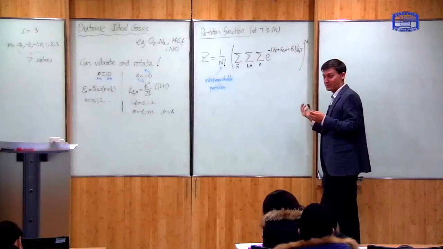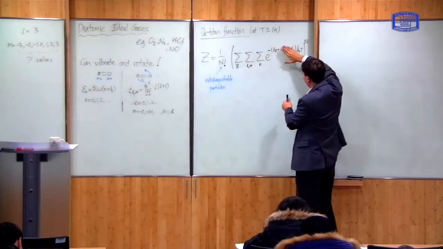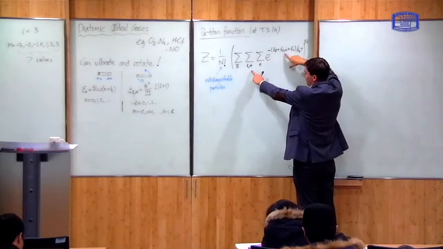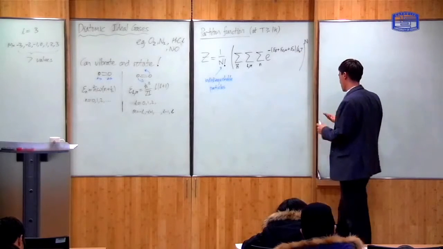So I've just put all these things together. Before, it was just this single sum over vector n, and the energy only depended upon the vector n. Now I've added in the rotational energies and the vibrational energies as well, in these last two terms.